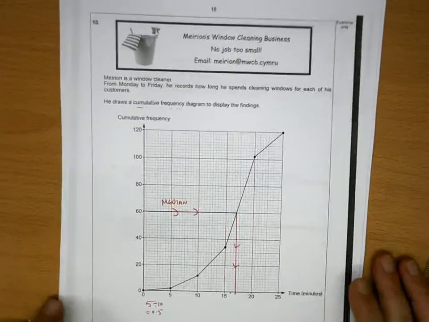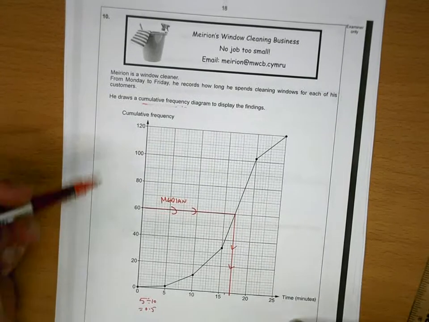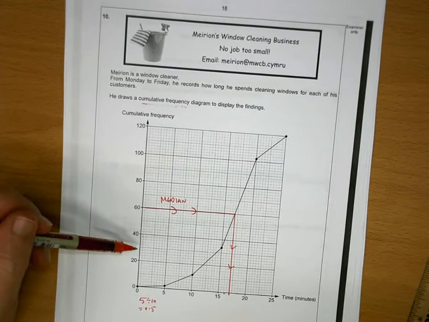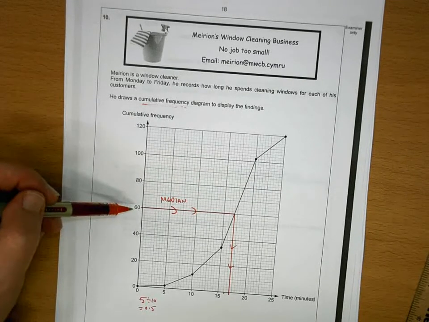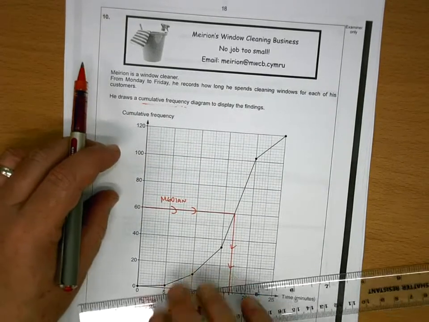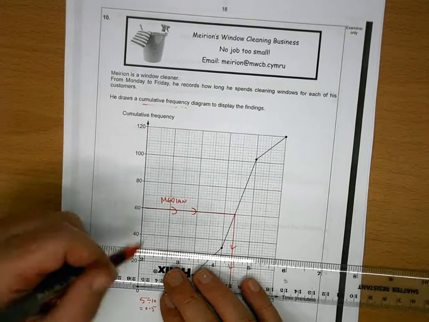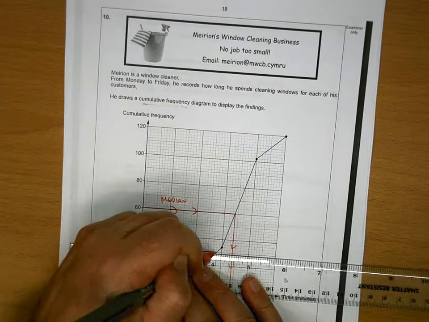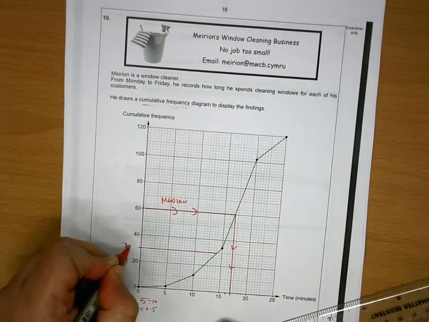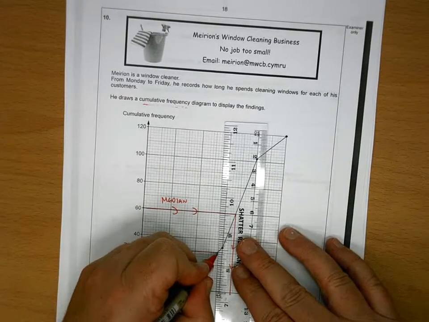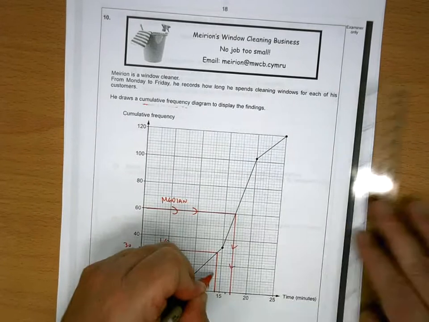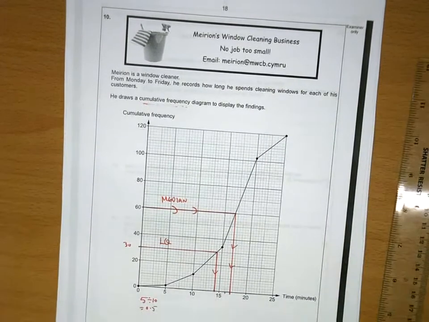Then to find the interquartile range, you need to find quarter of the data below it and again above it. So if half is 60, quarter is going to be 30. So the lower quartile will be at 30, LQ, and that's going to be 14.